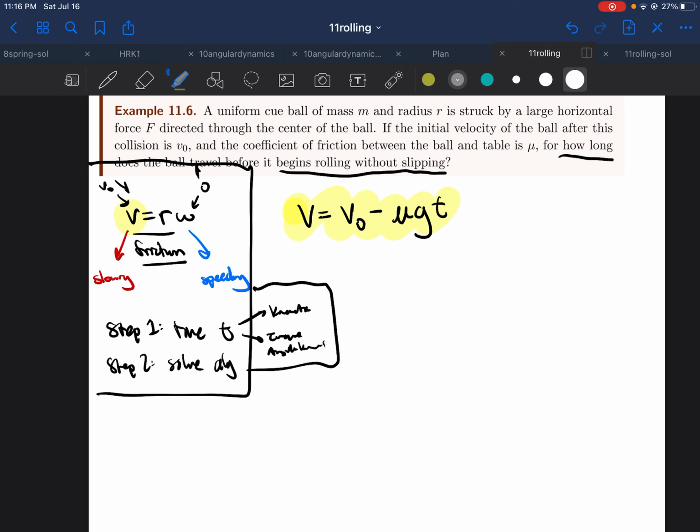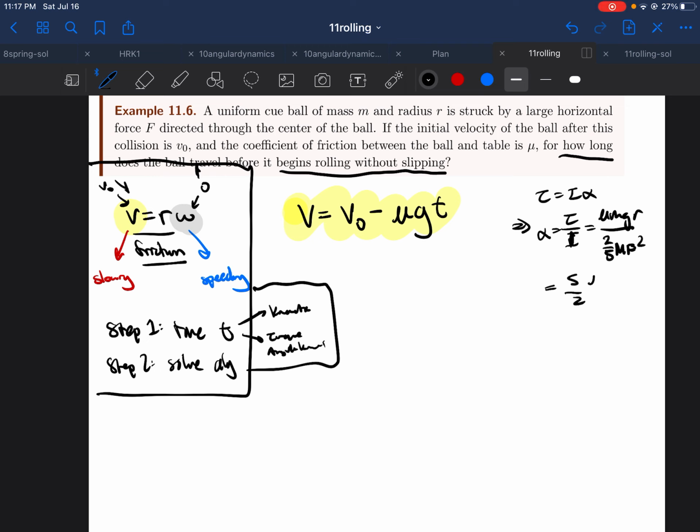The next thing we have to notice is the omega. To find how fast omega is accelerating, we have to use torque. Torque equals I alpha, which means alpha equals torque over I. The torque is due to the frictional force, mu mg r, over I, which is 2/5 m r squared, and this comes out to alpha being, I believe, 5 over 2 mu g over r.